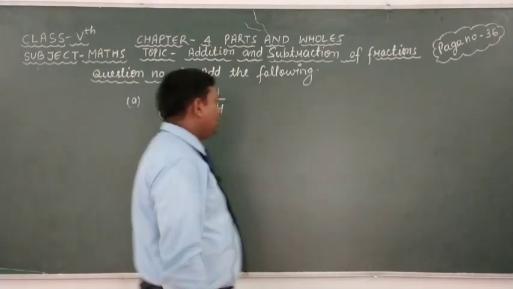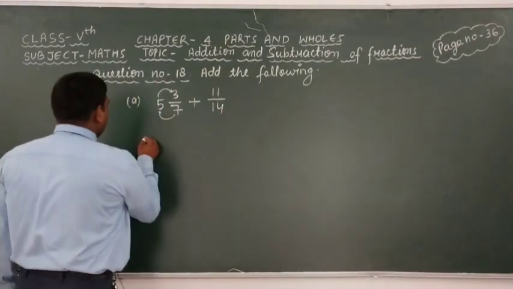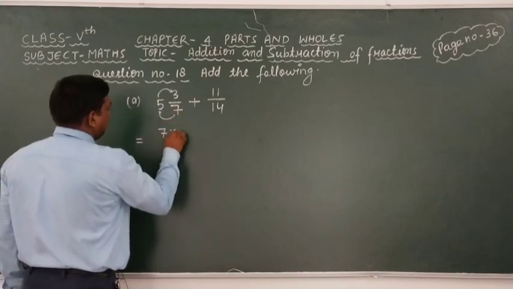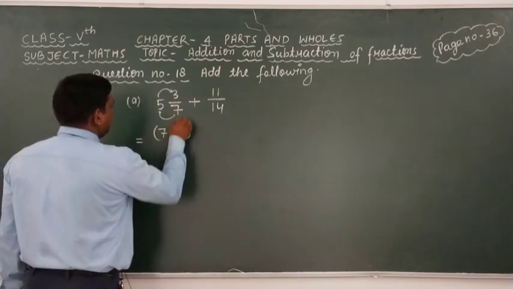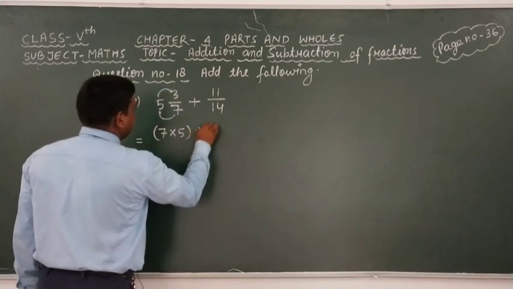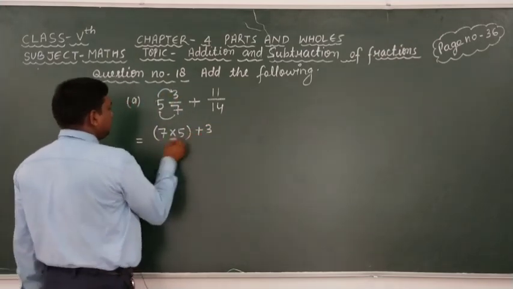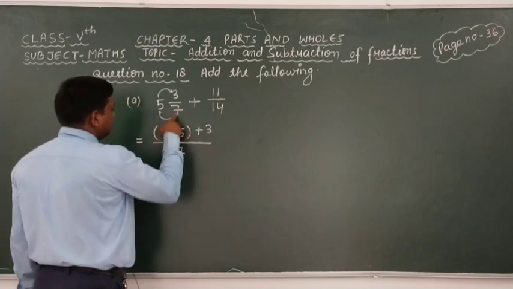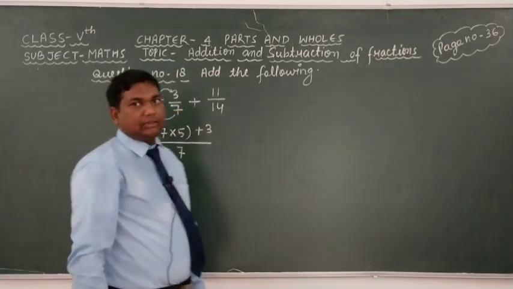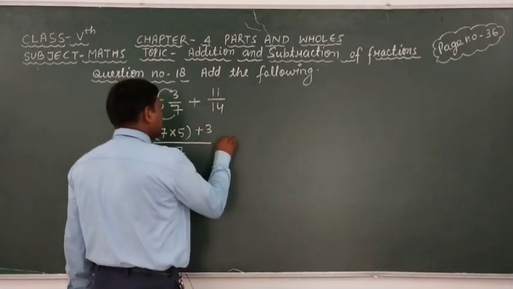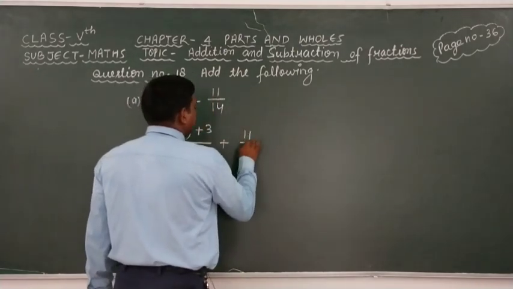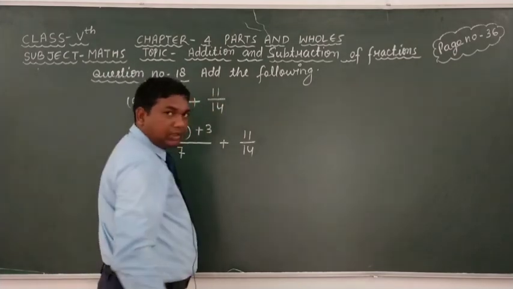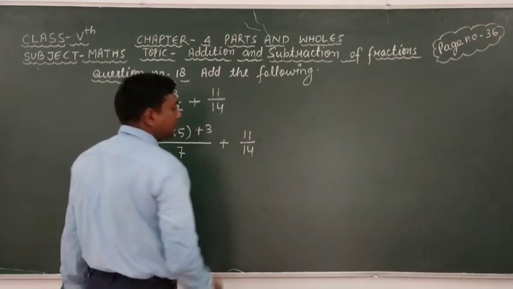Total upon 7, we write the denominator as the same. Plus 11 over 14, we write as the same.